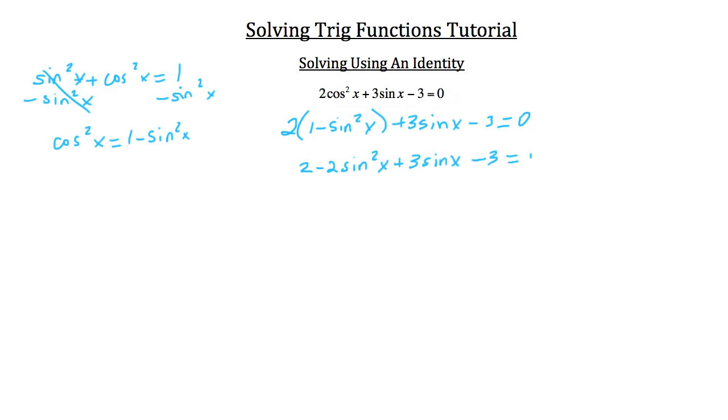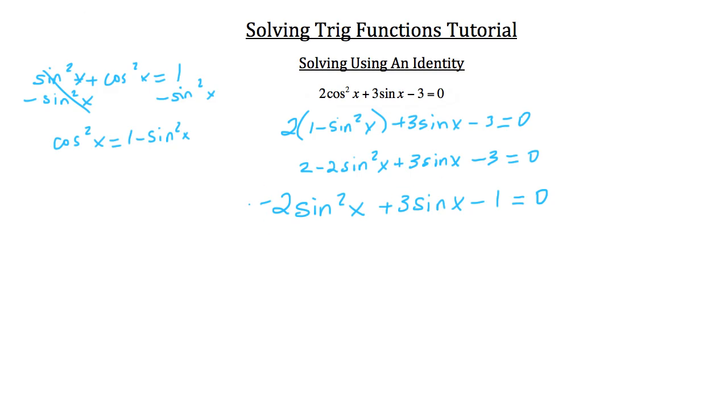I'll go ahead and combine our like terms now, so we'll add that 2 out front to the negative 3 in the back, and we'll get negative 2 sine squared x plus 3 sine x minus 1 is equal to 0. Now I'm just going to multiply both sides by a negative 1 so I can get rid of some of these negatives.